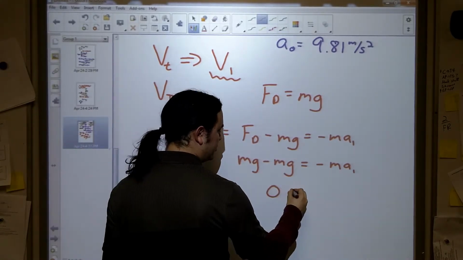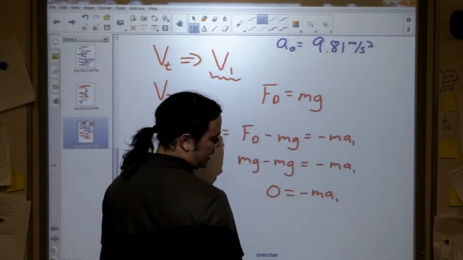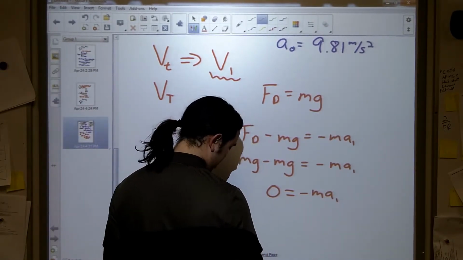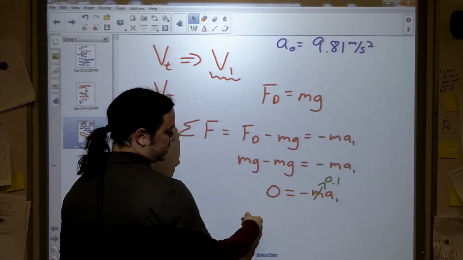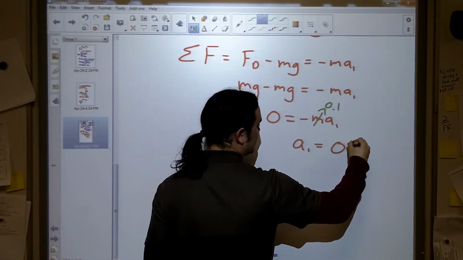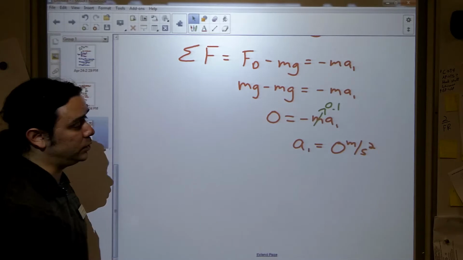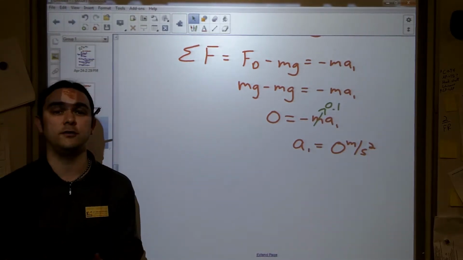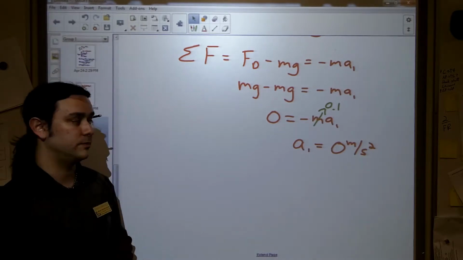These two actually just become 0, and we end up with 0 equals negative ma final, where m is 0.1 kilograms. I divide both sides by 0.1, but it doesn't actually matter. We find that our final acceleration is 0 meters per second squared. When these two forces are equal and opposite, we end up with no net force, no net acceleration. Newton's second law in action.